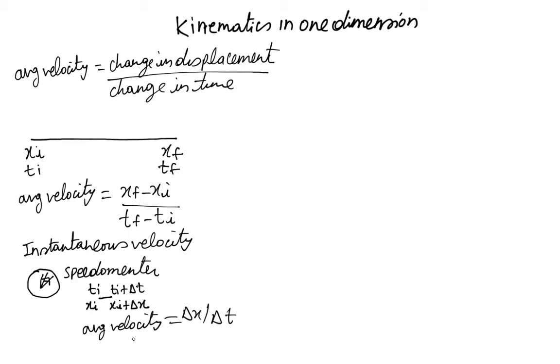In this particular case, your average velocity is called instantaneous velocity, because this was only for an instant. When these two are small quantities, we do not take into account a longer period of time, and then we are calculating what is called instantaneous velocity. I hope it made sense.